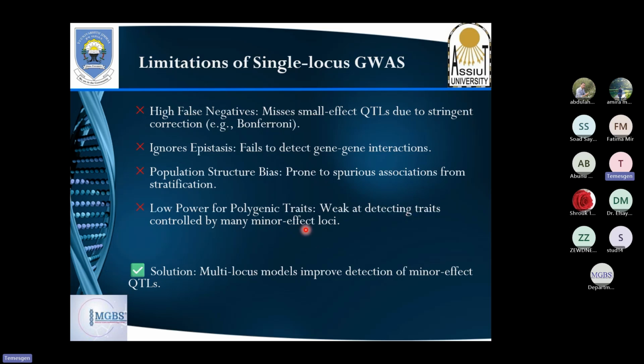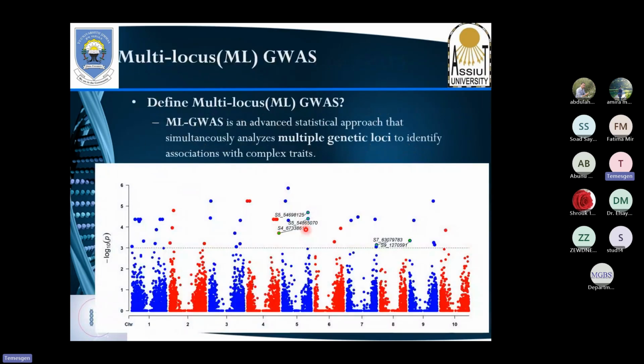So for this, we will move to multi-locus methods to detect these many alleles. So what is multi-locus GWAS actually? Multi-locus GWAS is a statistical approach that simultaneously analyzes multiple genetic loci to identify associations with complex traits like adaptive alleles.